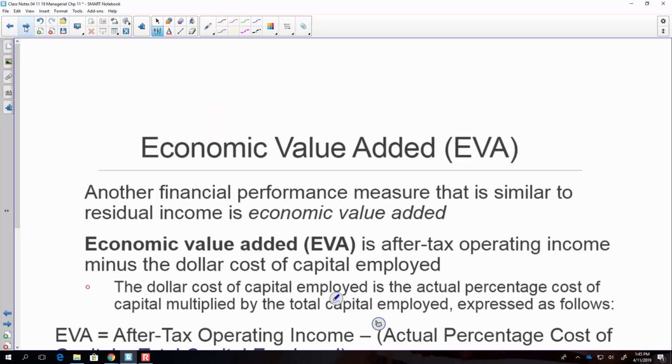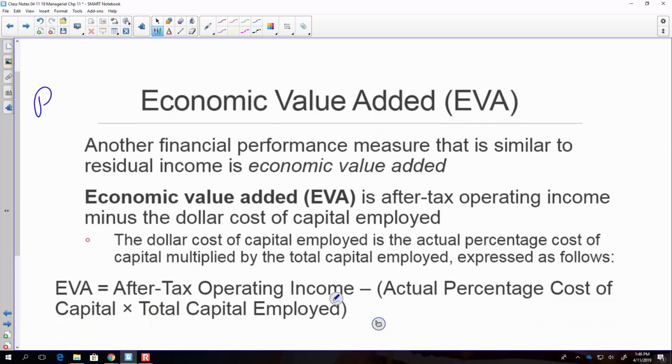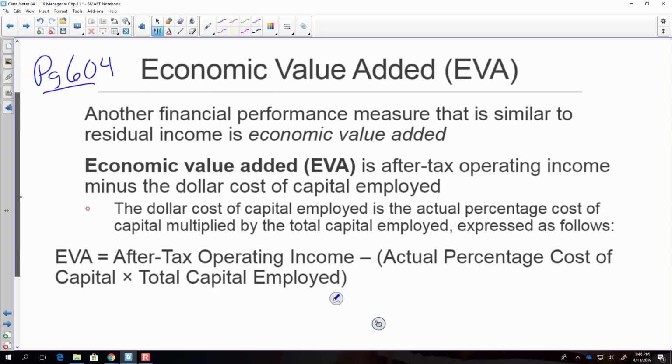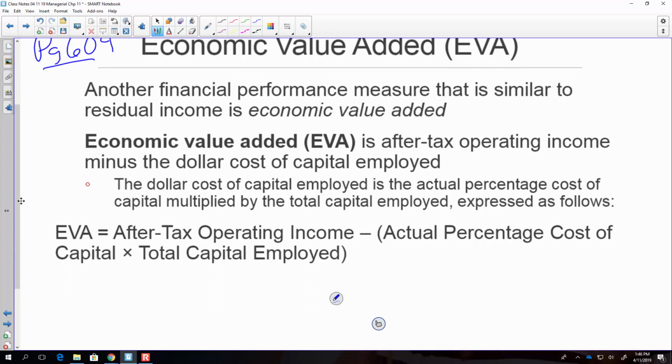All right, so our third performance measurement is economic value added. This discussion begins on page 604 of our book. It's very similar to residual income. In its computation, we're looking here down below, it's after tax instead of before tax operating income.